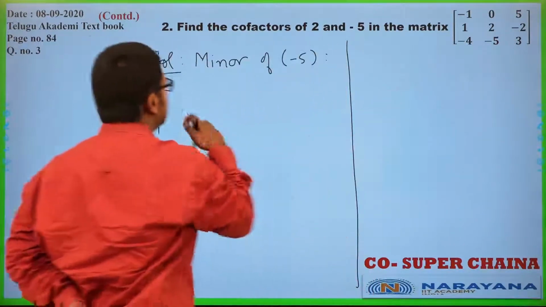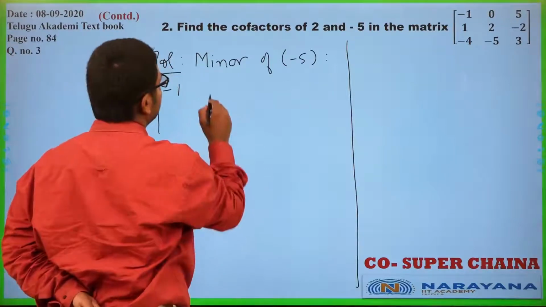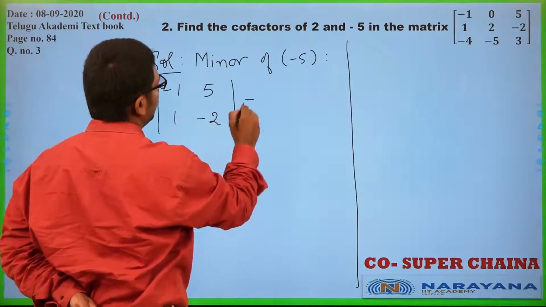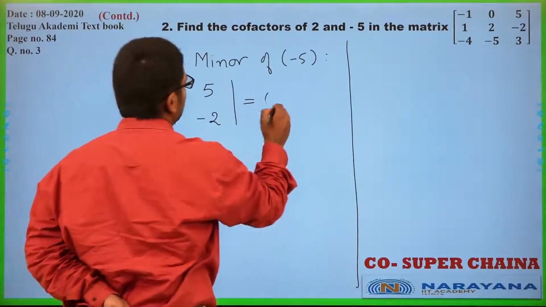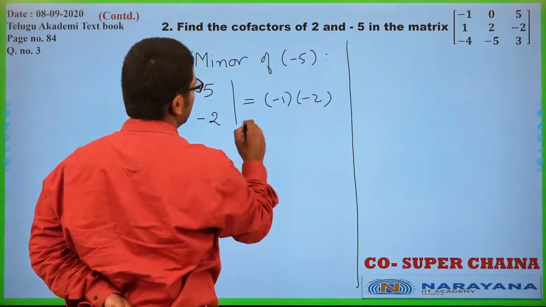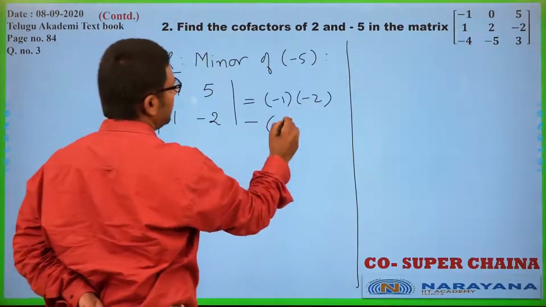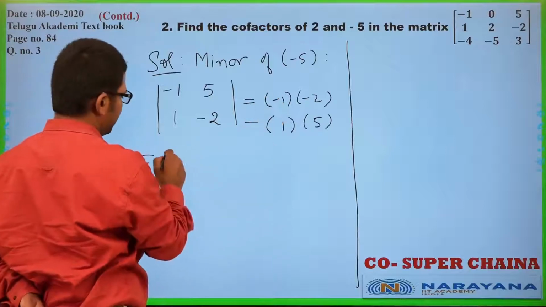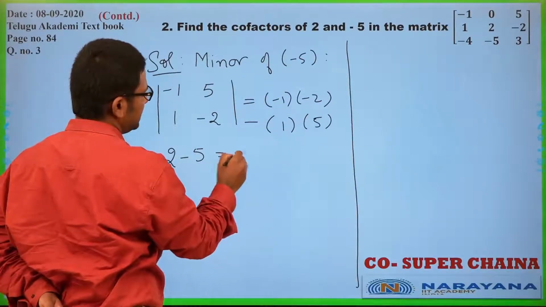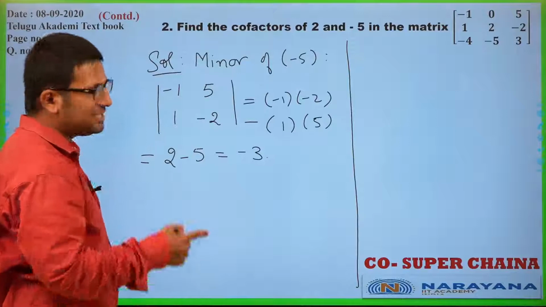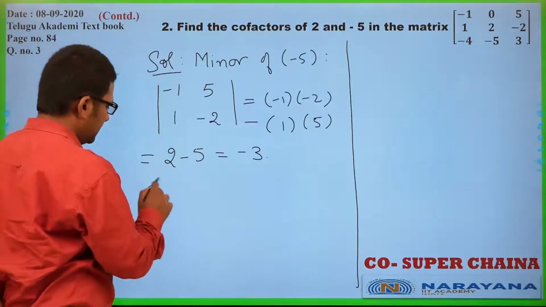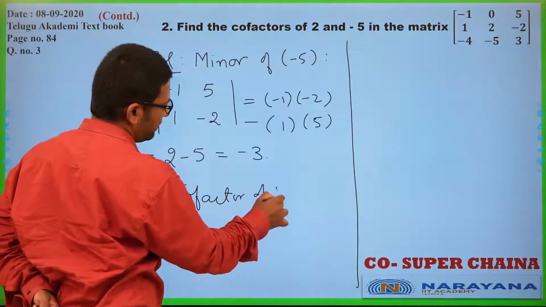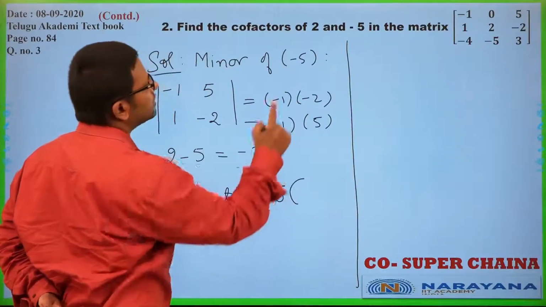So this determinant is -1, 5, 1 and -2, which is equal to -1 into -2 minus 1 into 5. That is 2 minus 5, which is -3. So the minor is -3, and the cofactor of -5.